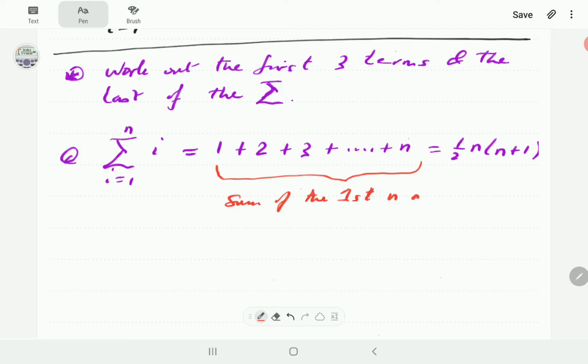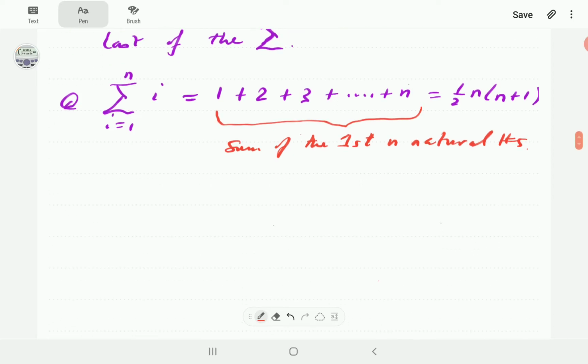Right, so this is saying the sum of the first n natural numbers is equal to 1/2 n times (n plus 1). So I want to prove this using mathematical induction. So we're going to start with step 1.